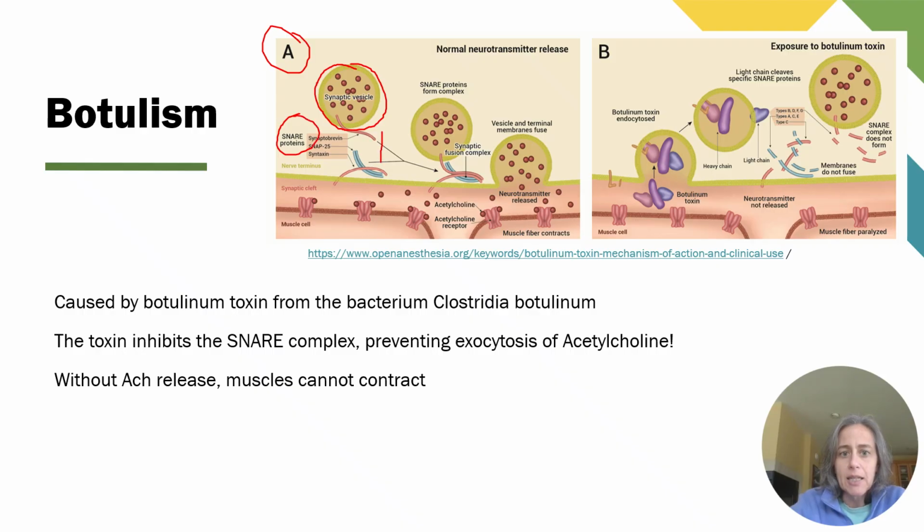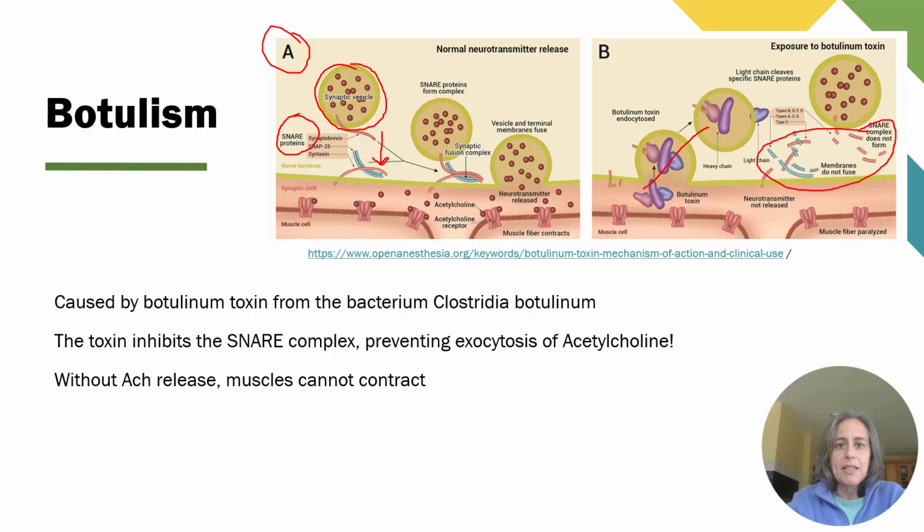This protein is going to hook up with these, and they're going to pull the synaptic vesicle to the plasma membrane. It's going to fuse and release the neurotransmitter via exocytosis. In botulinum toxin, the toxin itself actually moves into the cell via endocytosis and interferes with the SNARE complex, right? So you can see, look, none of it works.